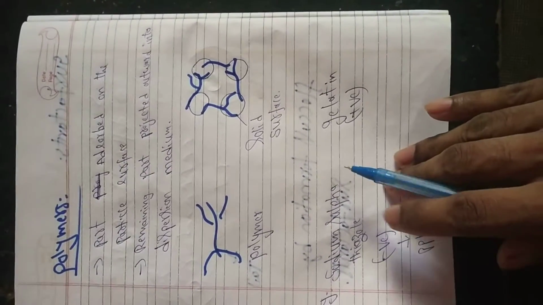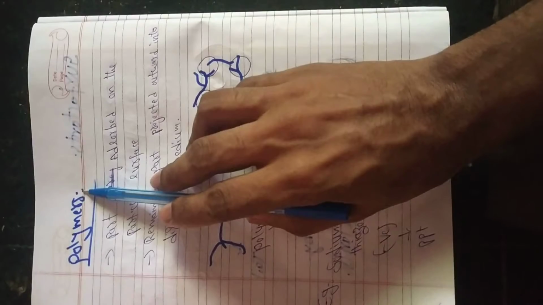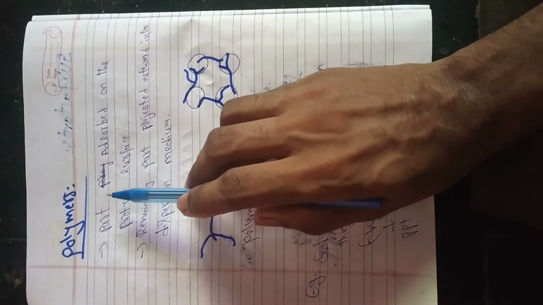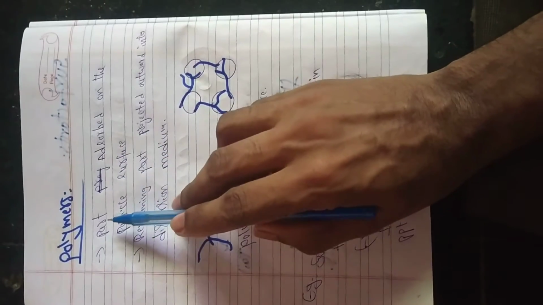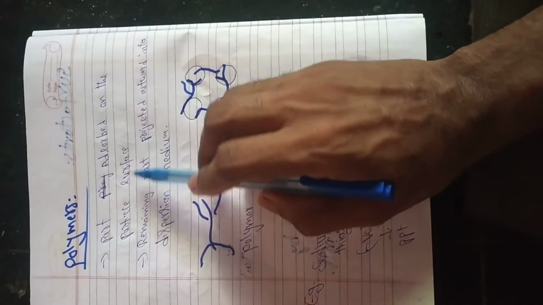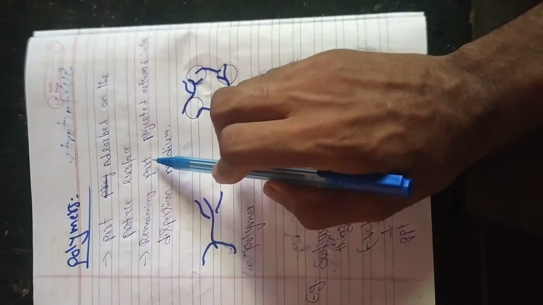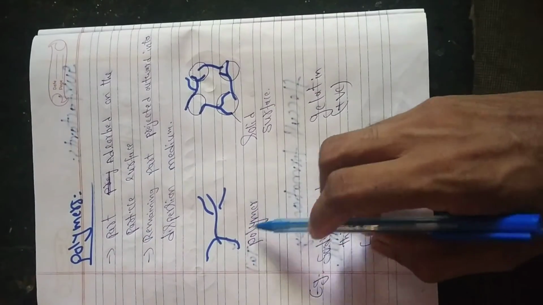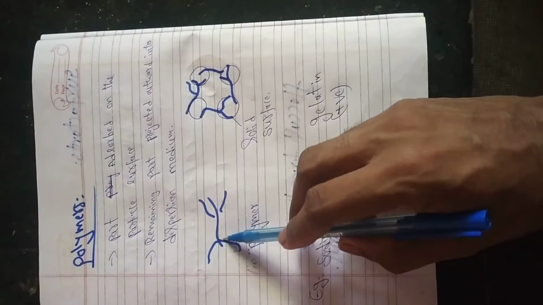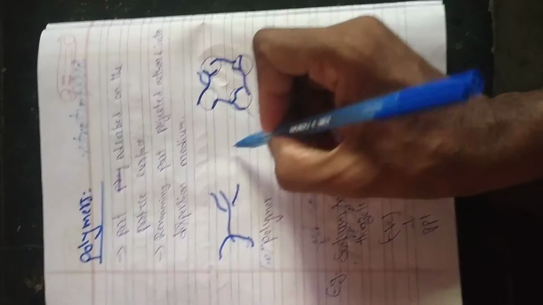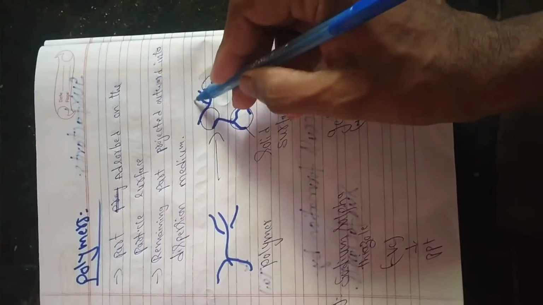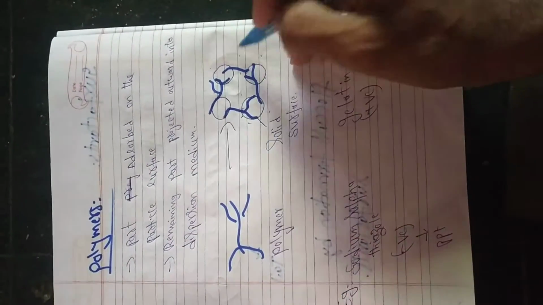Next, the third method is polymers. Polymers are long chain compounds. These have large parts. A small part is adsorbed on the particle surface and the remaining part is projected outward into the dispersion medium. Normally polymers are long chain fatty acids or long chain compounds. These are adsorbed on another solid surface. The remaining portion is outward into the dispersion medium. In this way polymers control the flocculation.